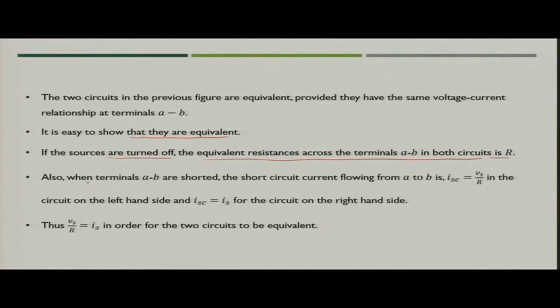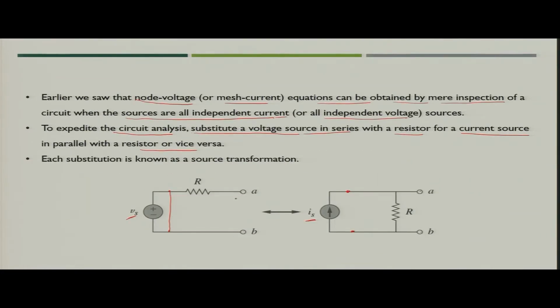Now, if you are short circuiting the terminal A and B, what would be the value of short circuit current flowing from A to B? Now, let us see this circuit once again.